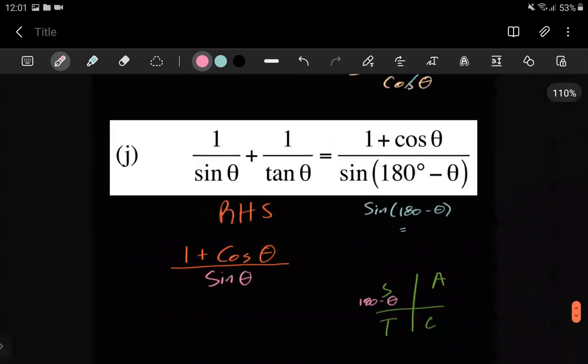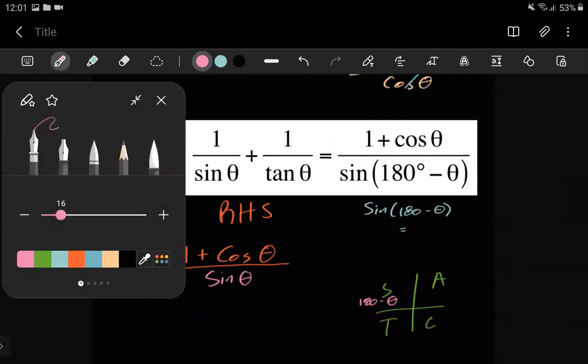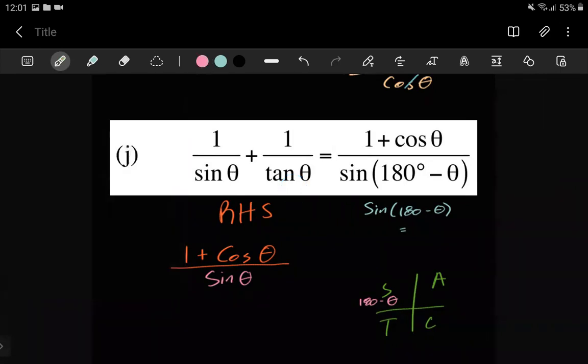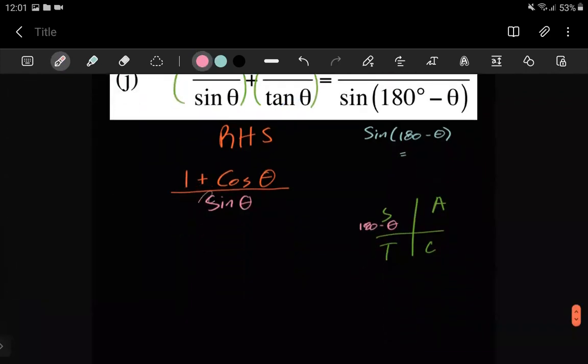So the way this looks, you can see that you have two things at the top over one denominator. But then, remember, you want to be comparing this to what you have on the left side. On the left side, you have one value plus another value. So what that means is you can write 1 over sine theta, and then you can also write cos theta over sine theta.